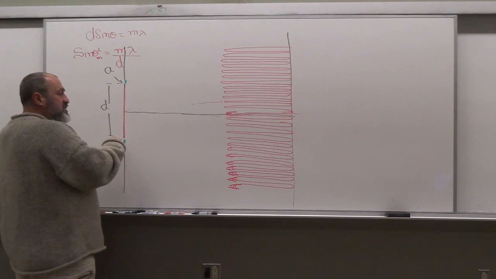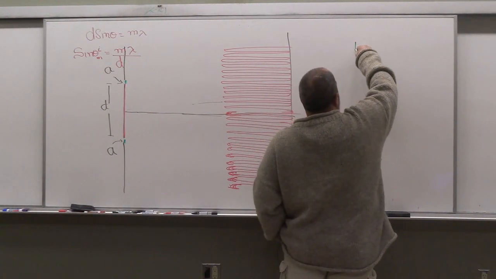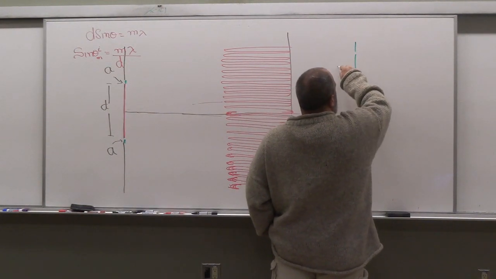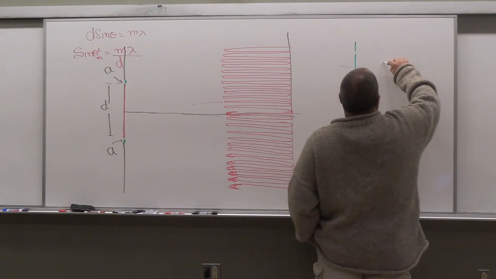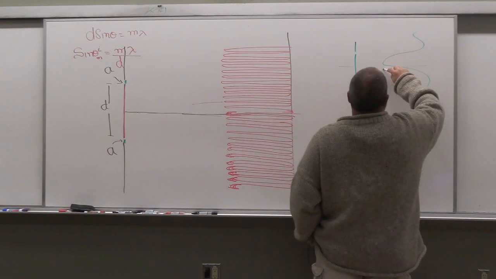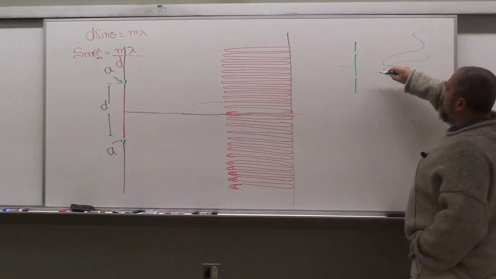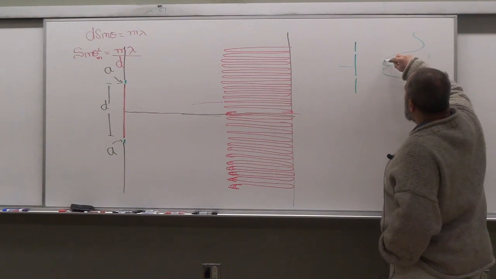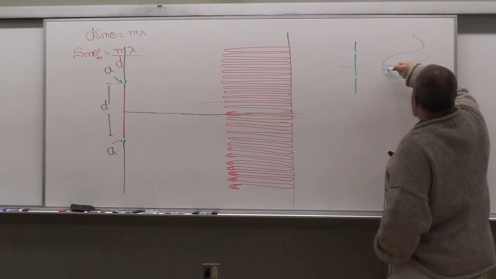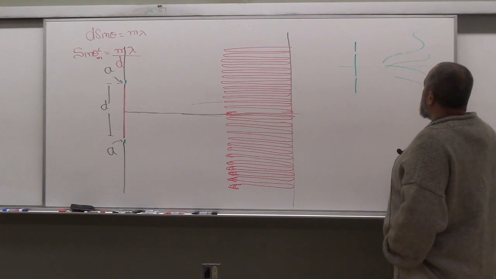Each slit, as we saw earlier, is going to produce a diffraction pattern of its own. So it's going to look like something like that and something like this, maybe. But remember, these slits are so close to one another that they actually merge into one. I'm indicating here that they'll become wider.